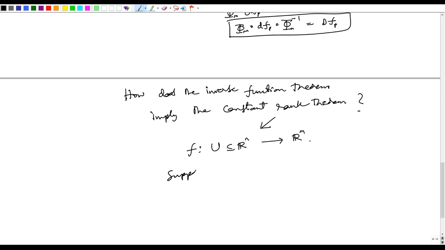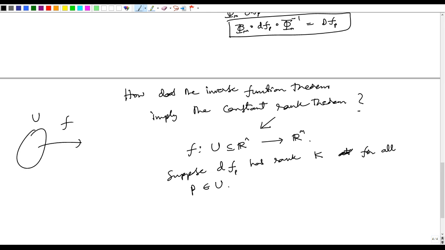Suppose f has rank k, oh sorry, not f, df at p has rank k for all p in U. So this is my U, this is f, this is Rm. Right. Whatever point I take in the domain, the derivative should have the same rank.